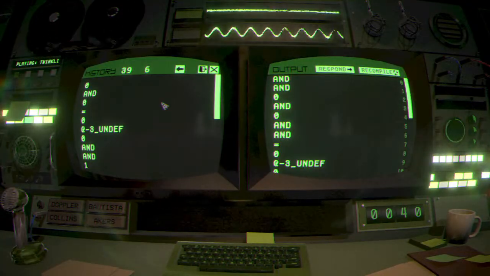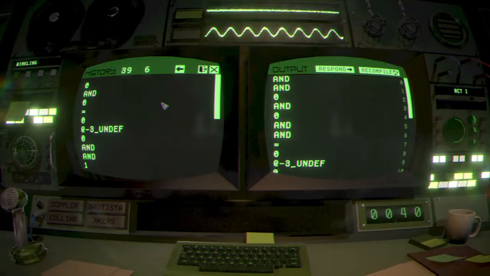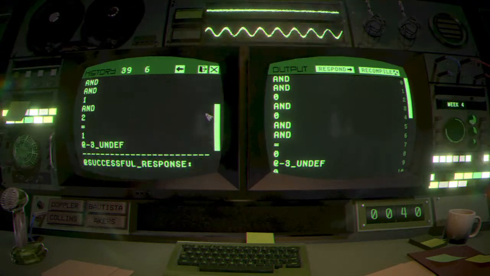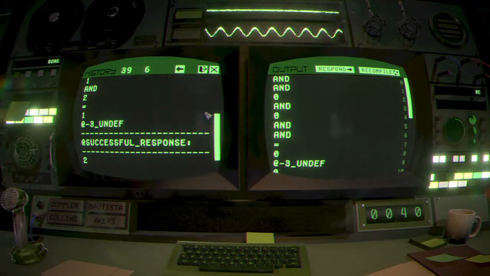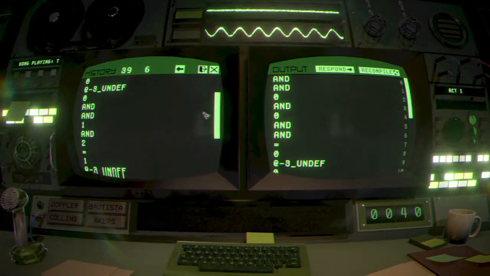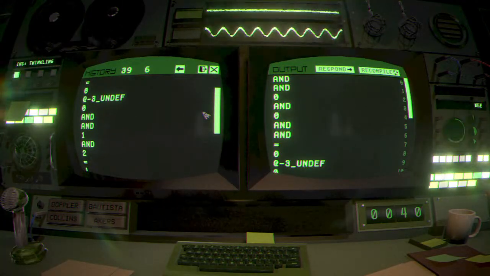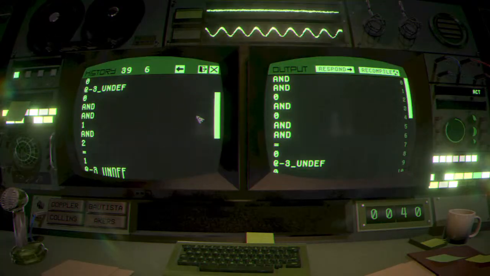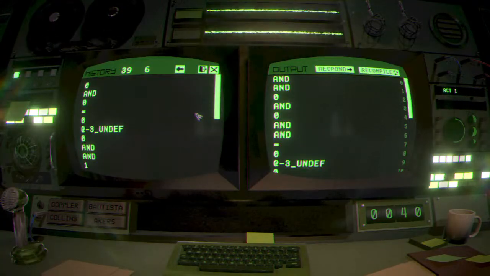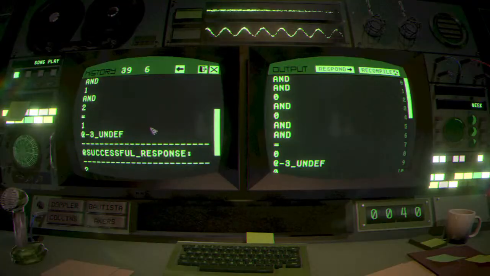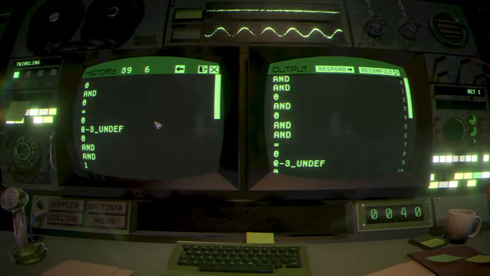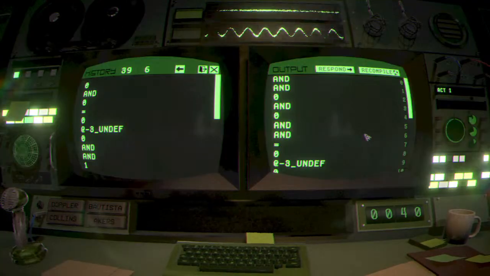The screen on the left has to be telling me something about what to do. What could that be?